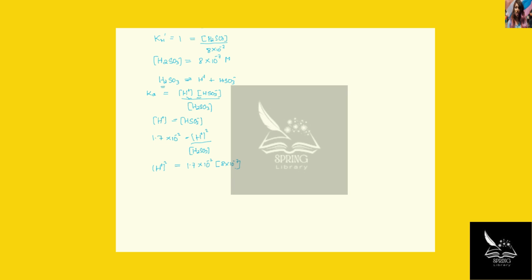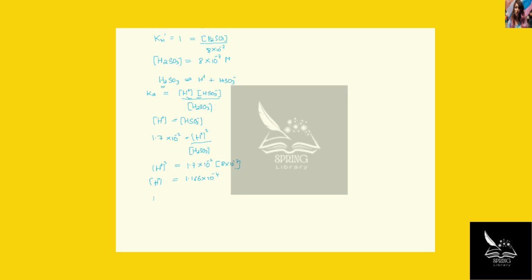So, hydrogen ion concentration will be equal to 1.166 multiplied by 10 raised to the power minus 4.